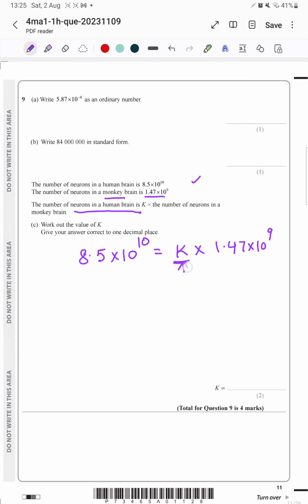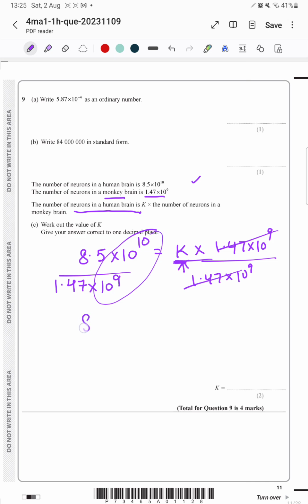In order to find this k, I am going to divide both sides by 1.47 times 10 to the power of 9, so that this will be cancelled. Here it will be 1.47 times 10 to the power of 9. So it will be automatically 8.5 times 10 over 1.47, and this is basically 85 divided by 1.47.